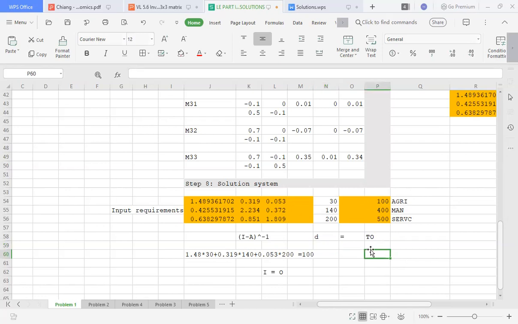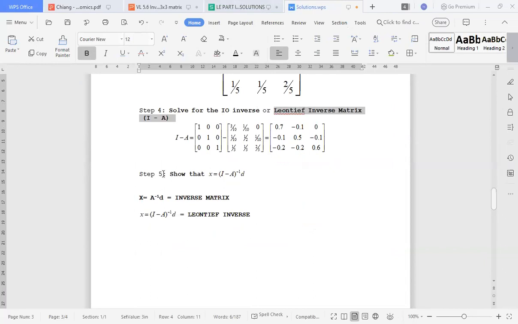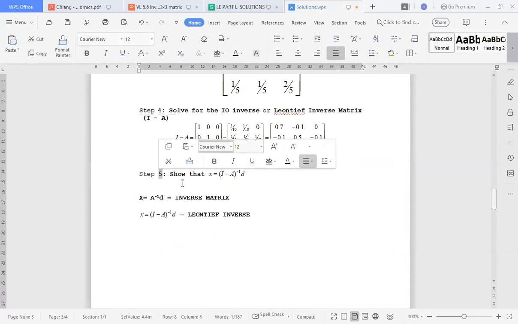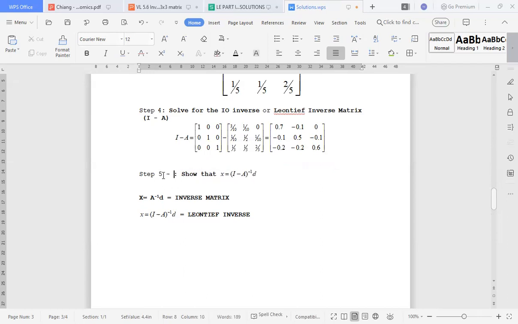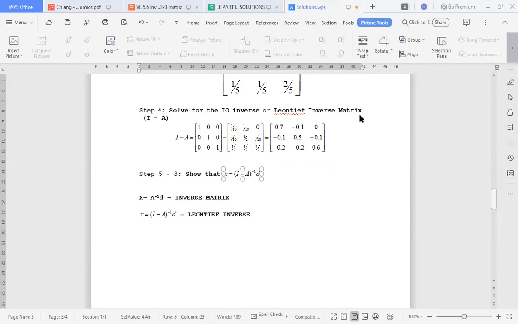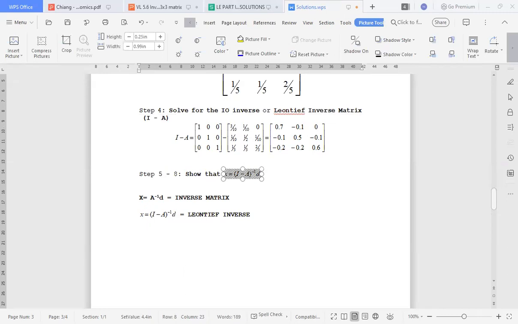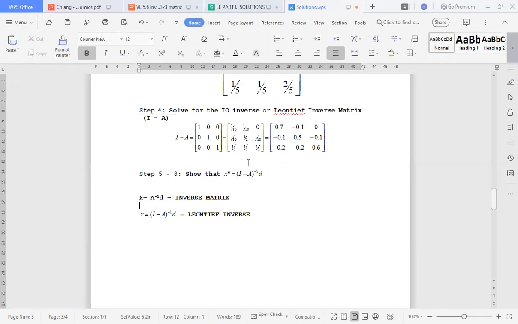In terms of process, step 5 to step 8 shows that in order to get the solution value for x, you will need to multiply the Leontief inverse to the total final demand, vector D there.